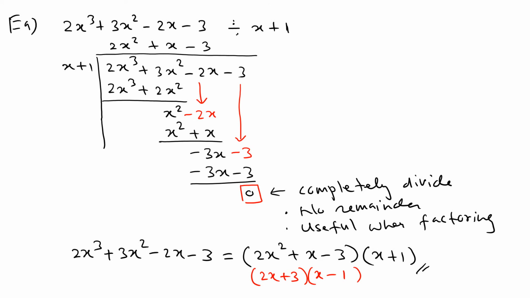The next example: 3x cubed minus 4x squared plus 5x minus 7 divided by, let's say not just x, like 2x plus 5.